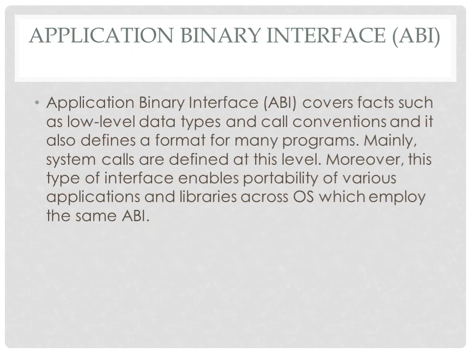The application binary interface covers facets such as low-level data types and calling conventions, and it also defines a format for binary programs. Mainly system calls are defined at this level. Moreover, this type of interface enables portability of applications and libraries across operating systems which employ the same ABI.